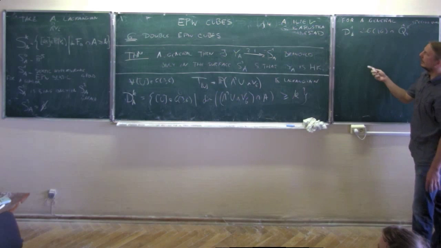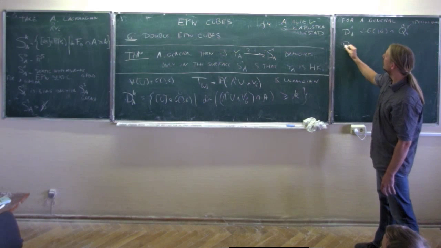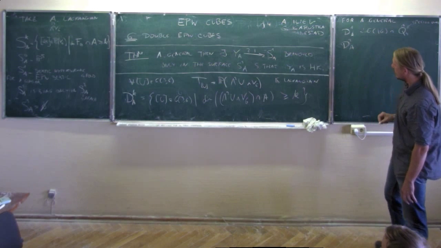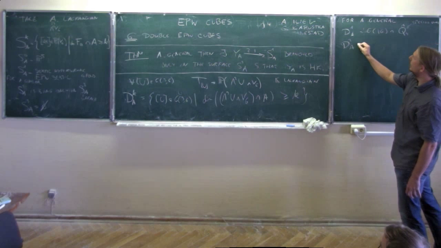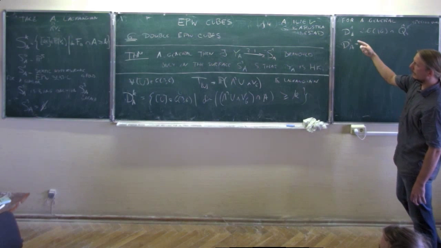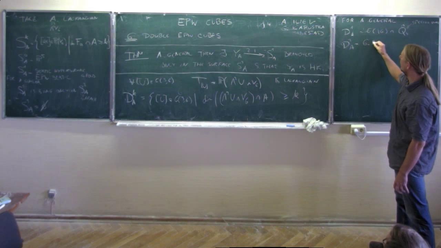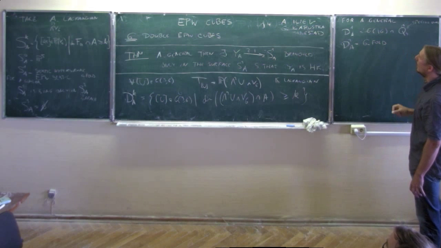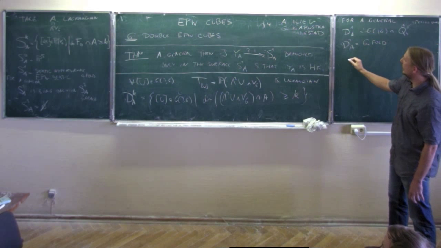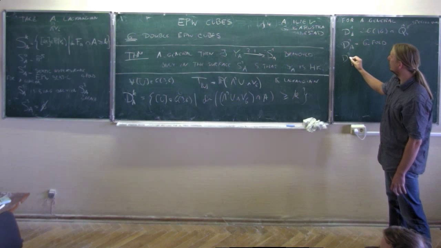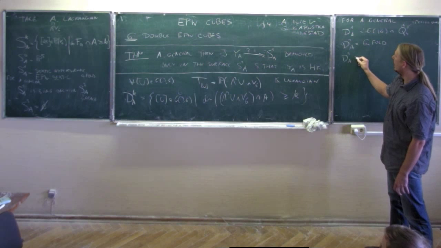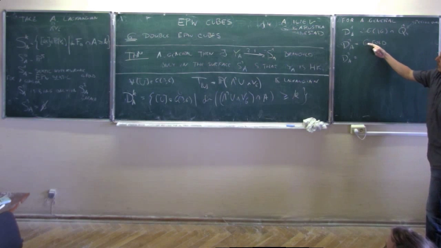And again, it's singular only in the next locus, which is D2A, which is dimension 3 now. So it's a sixfold. The sixfold, which is singular only in the next locus, D3A, which is now codimension 3 in this sixfold.